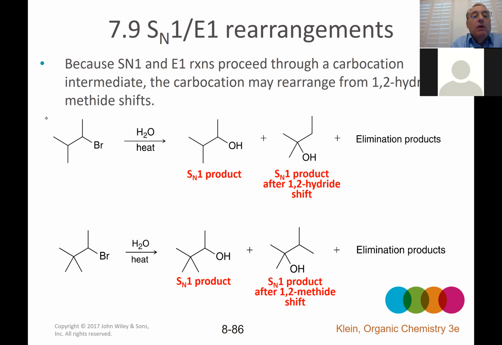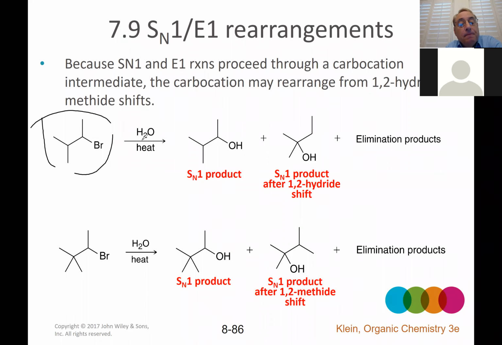All right. So here's your substrate. We're starting with this substrate, and the solvent is water. So we're talking about SN1 E1 reactions here. You lose the leaving group, you form a carbocation, and then the substitution product involves water replacing the bromide.